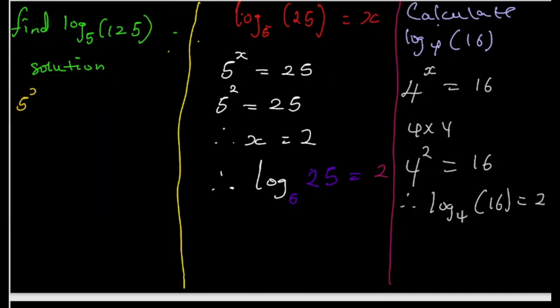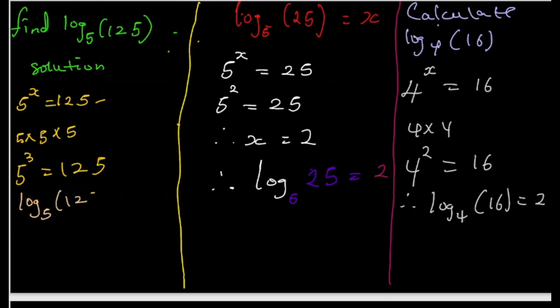So 5 to the power of what will give us 125? Remember, 5 times 5 is 25, and 25 times 5 is 125. So 5 to the power of 3 would give us 125. So this is simply telling us that log base 5 of 125 is equal to 3.